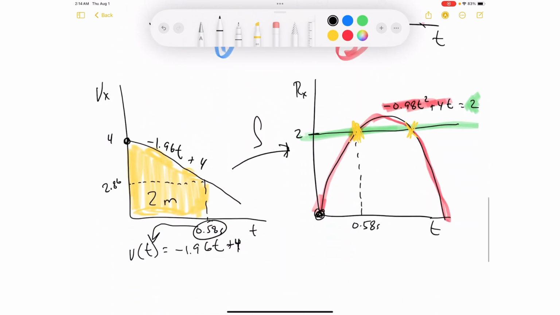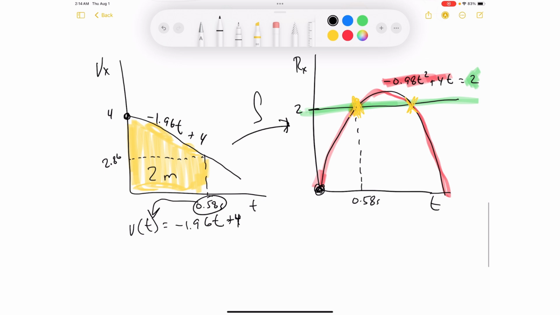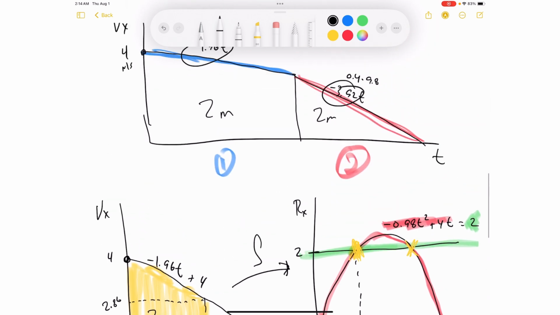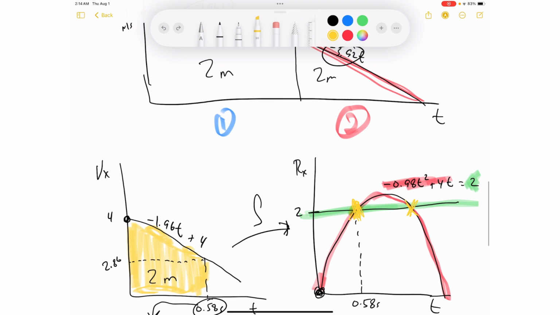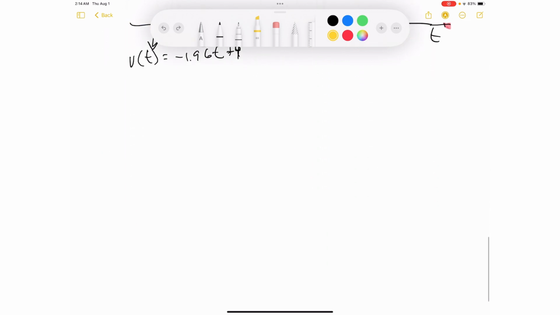Great. So now that we know this, we can make an additional graph. We've already analyzed this function completely. Now it's time to analyze this function. Let's do it now. This is my velocity in x, and this is time.